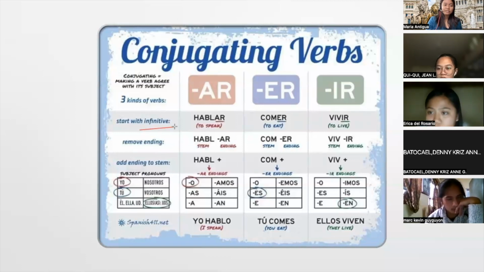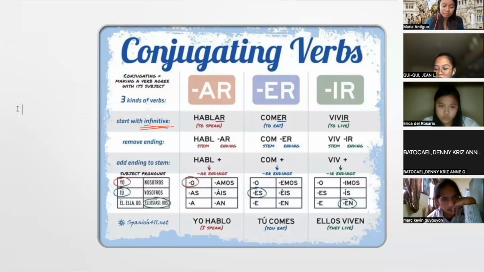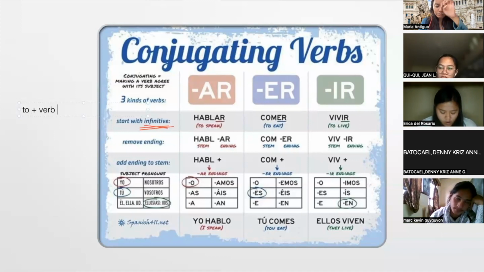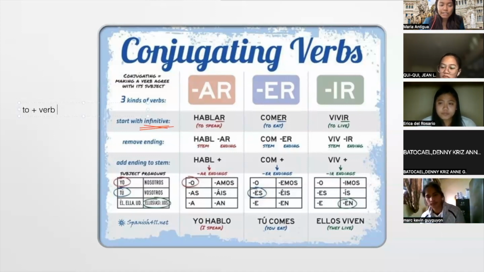This is the infinitive form. When I say what is the infinitive form, it must end with AR, ER, or IR. Yan yung hindi pa na-conjugate. To plus verb. Okay? When we say infinitive, to plus verb in English. Like to jump, to speak, to eat, to live. Okay? Yan yung infinitive.